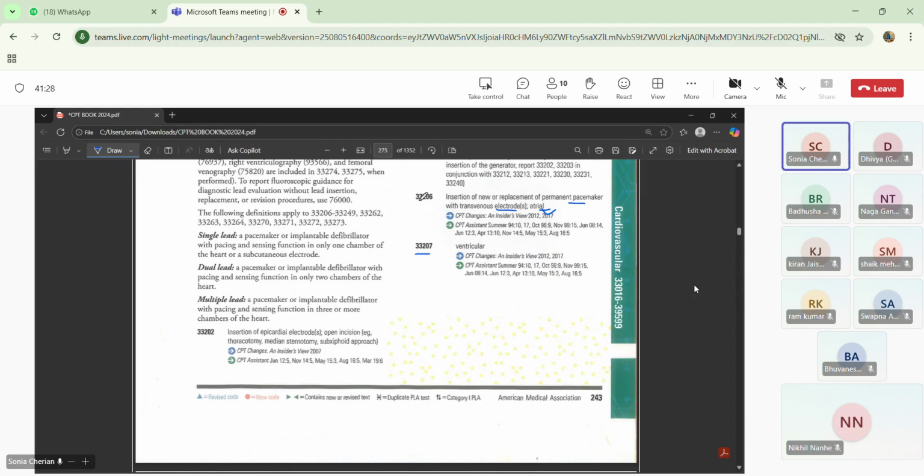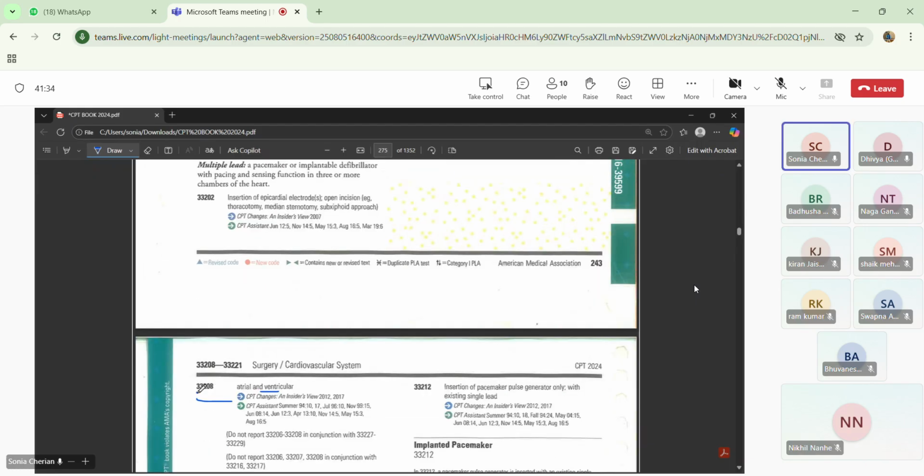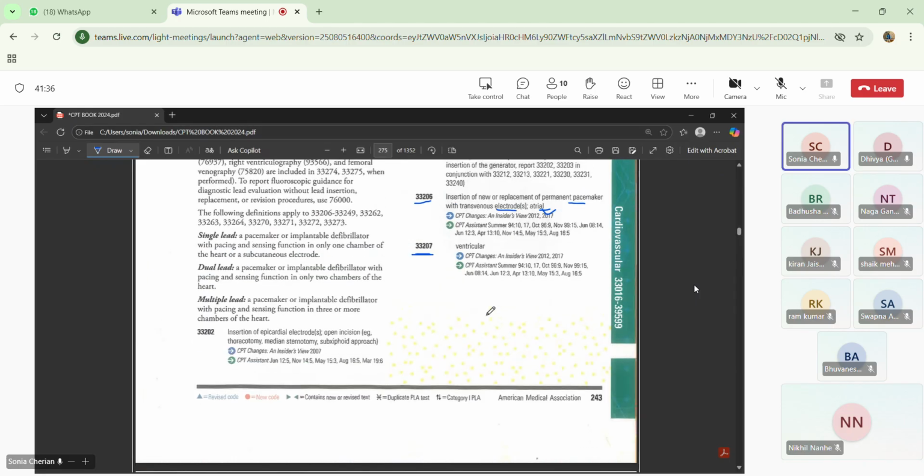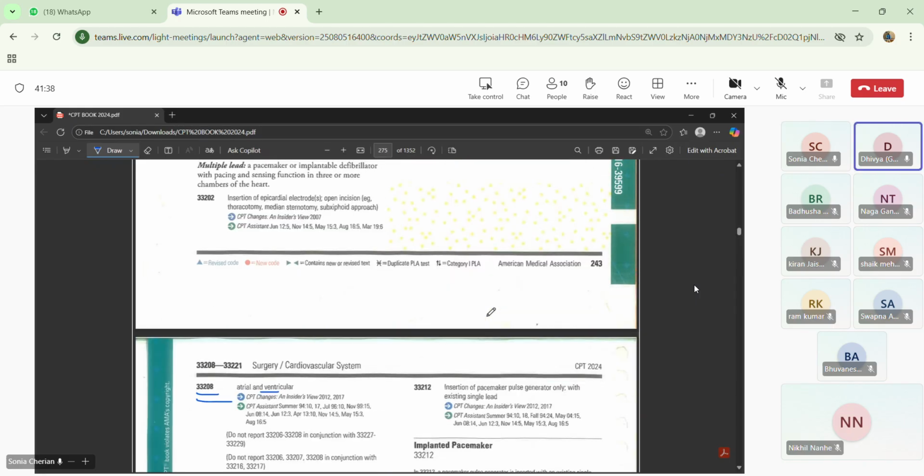Will it be 33206, or 33207, or 33208? 33208. Exactly. So your CPT is 33208. That's it, it's very simple. So the checkpoints are very, very important, guys. Okay, let me show you another example.